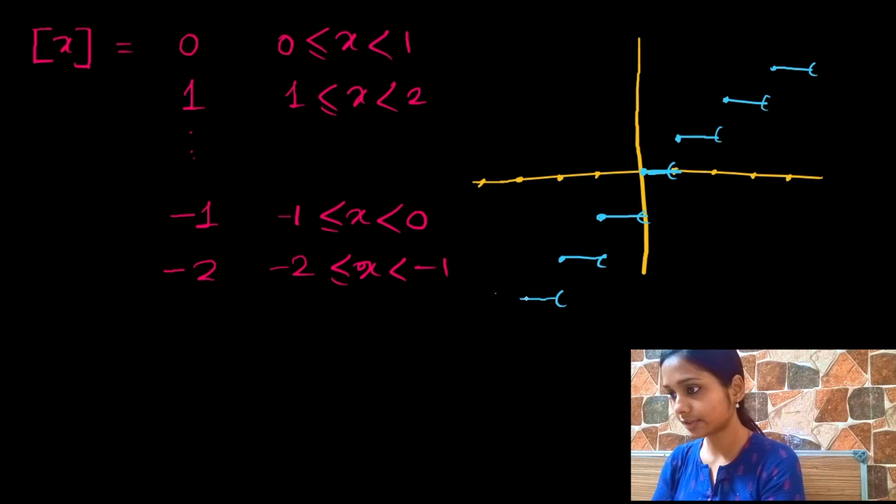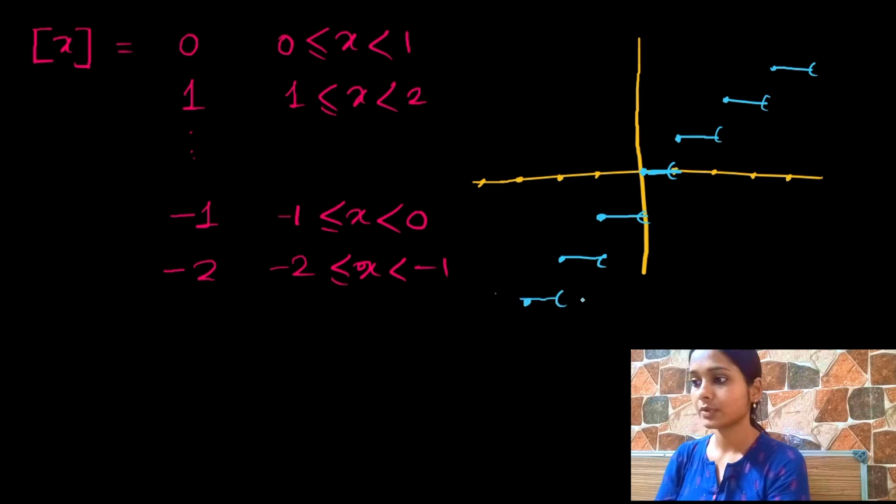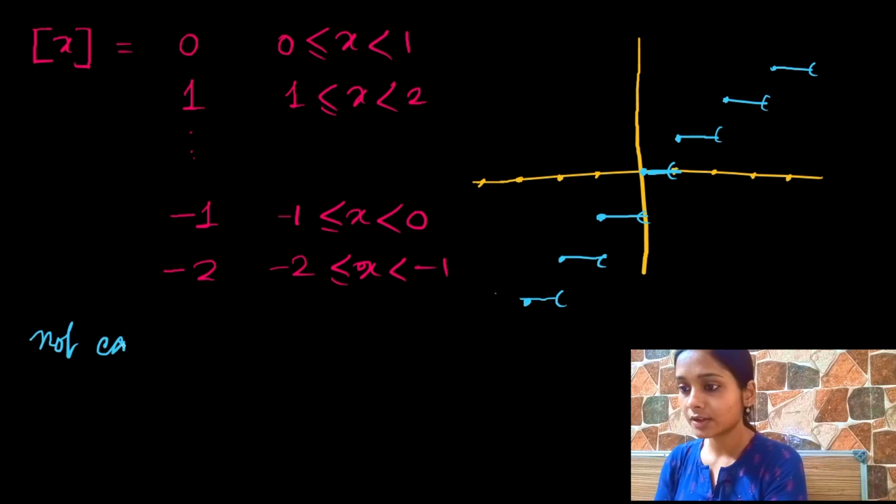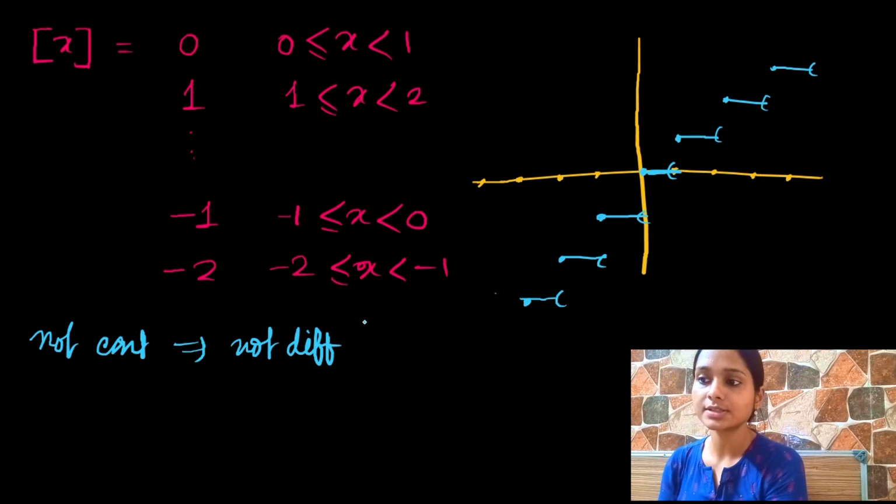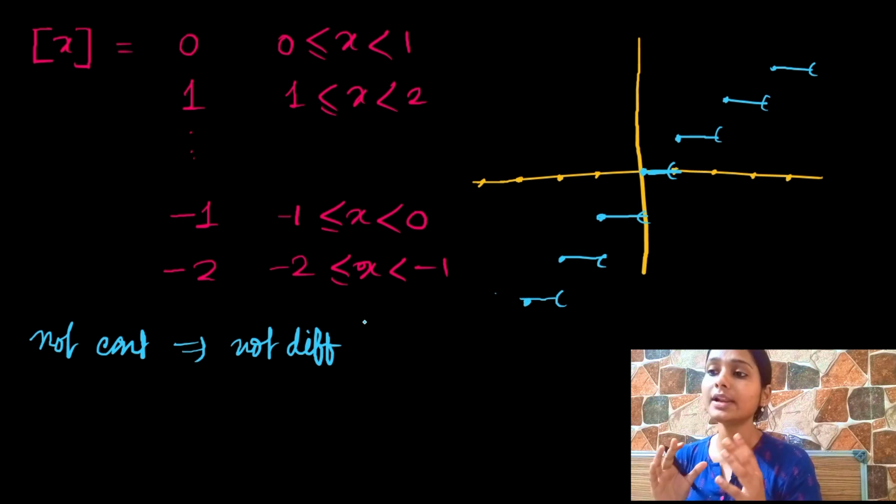We can see there is a jump at every integer point. So this function is not continuous at the integer points, and not continuous implies not differentiable. So this [x] function is neither continuous nor differentiable at those integer points.